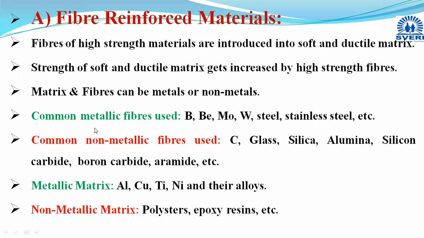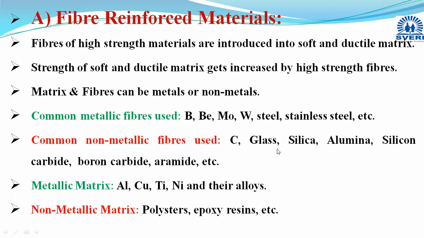Commonly used metallic fiber materials are boron, beryllium, molybdenum, tungsten, steels, and stainless steels. Generally they have high strength. Common non-metallic fiber materials used in fiber reinforced materials are carbon, glass, silica, and alumina.